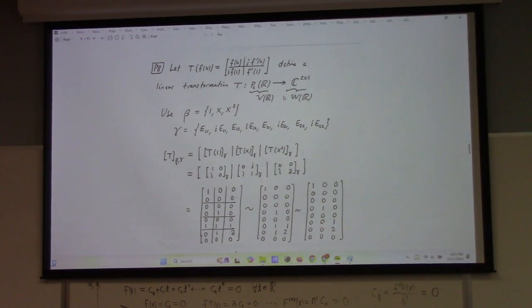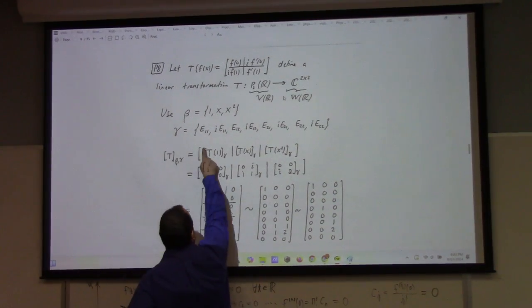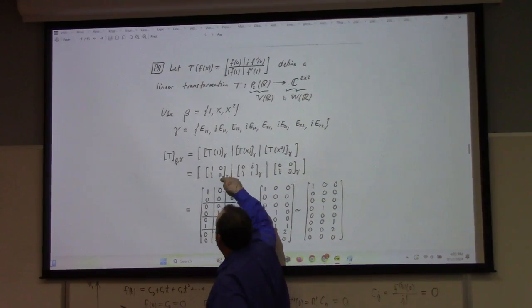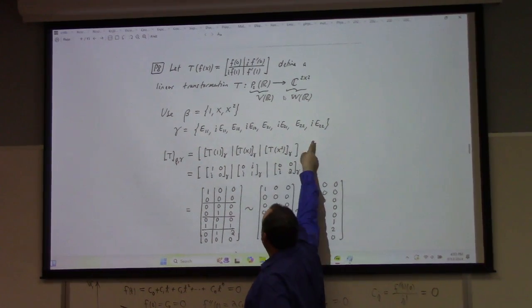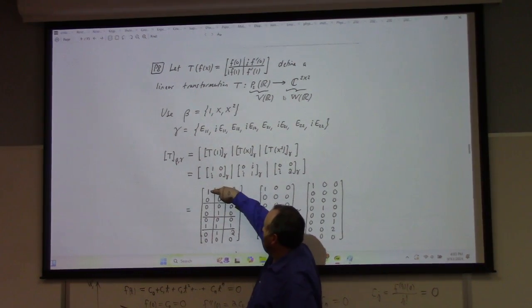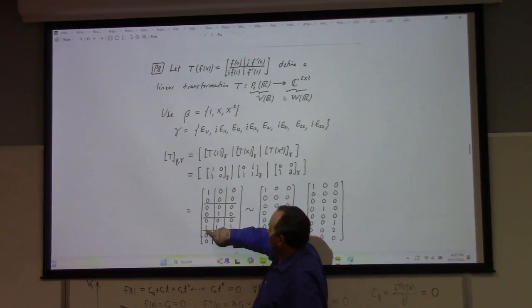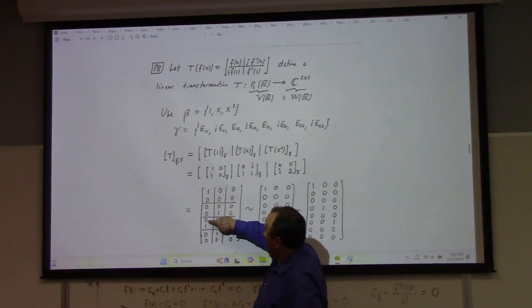And here, we just have to sort through the basis. This is my basis, and this is the vector I'm finding the coordinates of. I just have to think, how do I get it as a linear combination of these? So I need one of the E11s, and then I need one of which? 1, 2, 3, 4, 5, 6, the 6th.